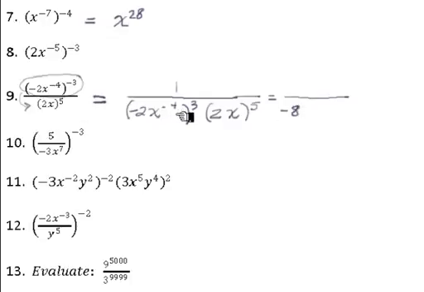X to the -4 cubed, that's x to the -12. Multiply those exponents. Here we have 2 to the 5th, that's 32. And x to the 5th over 1.